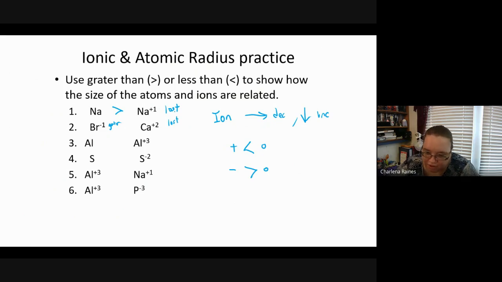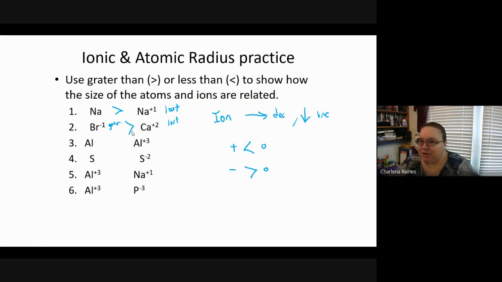If calcium has lost 2 electrons, it has the cloud that has 3 energy levels. And my cloud with 3 energy levels is going to be smaller than a cloud with 4 full energy levels because bromine has gone up and gained that electron. So it's kind of a little tricky there.